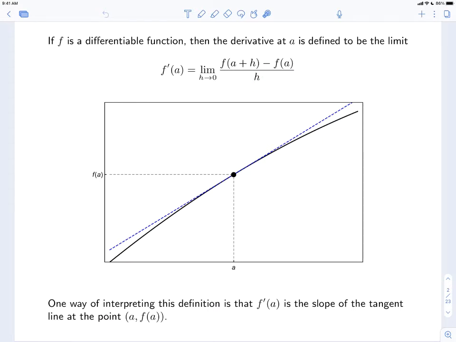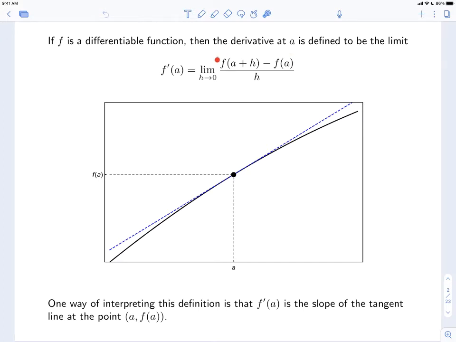This limit is a limit of a difference quotient, and the difference quotient represents, among other things, the slope of a secant line that passes through the point a comma f at a and a plus h comma f at a plus h. The numerator is the difference of the output values, or the y values, and the denominator is the difference of the input values, or the x values.